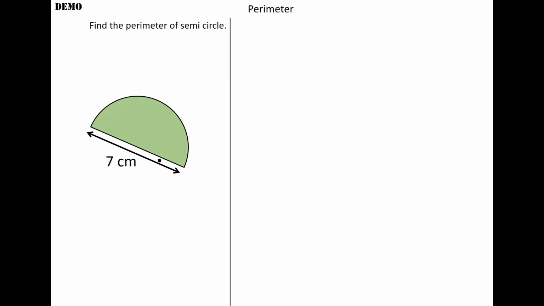Yeah. Now, this is important. Here they have given the same information, asking for the perimeter of a semicircle. The perimeter means this curvilinear part, that is the arc length, plus this diameter. Remember, arc length plus the diameter. Clear?